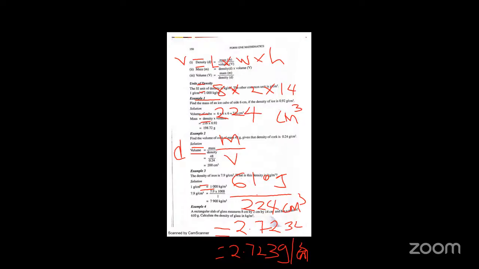So using that, we can change this one to kilogram per meter cubic. Allow me to clear what we have here. So we have our density as 2.723 grams per cubic centimeter.